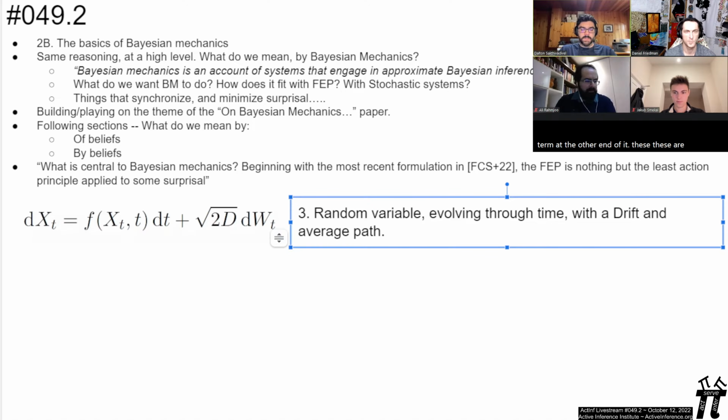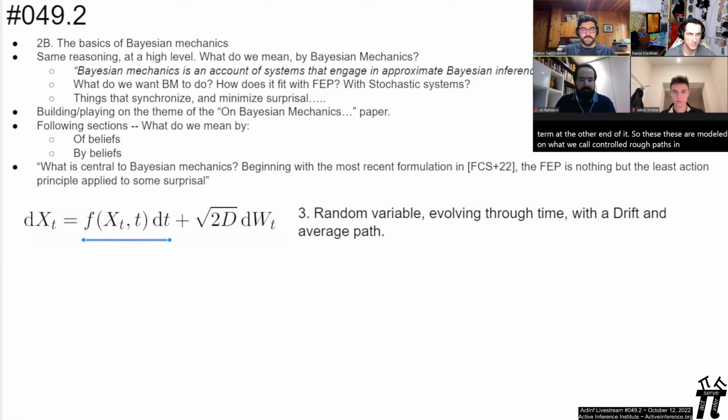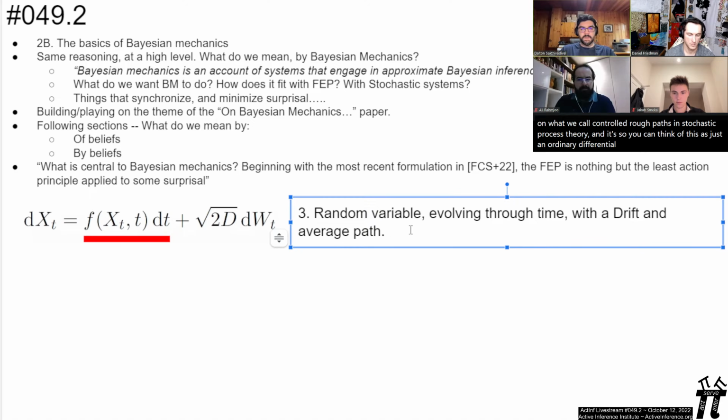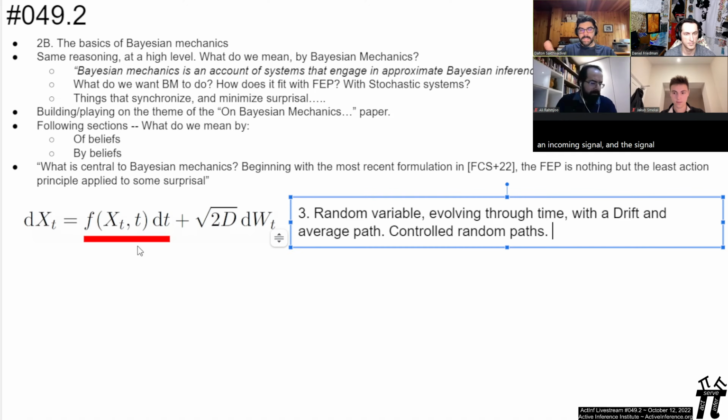So these are modeled on what we call controlled rough paths in stochastic process theory. And you can think of this as just an ordinary differential equation with an incoming signal. And the signal is the noise.